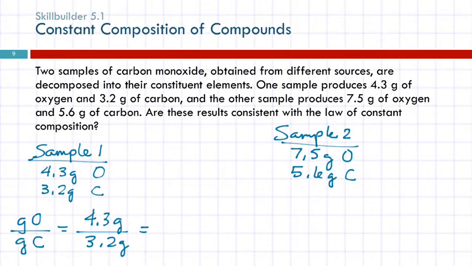So that's going to give me a ratio of 4.3 divided by 3.2, 1.34375. This is a ratio. Look what happens to the units. Grams cancel grams, and they go away. Are these exact numbers, 4.3 grams of oxygen?